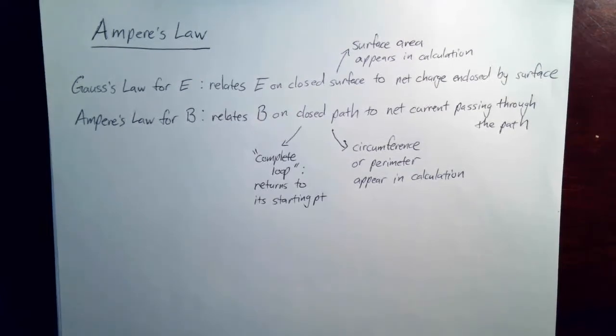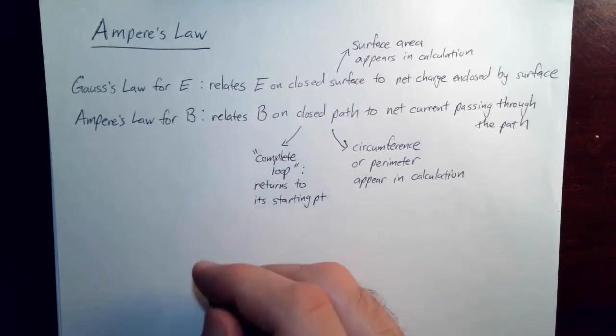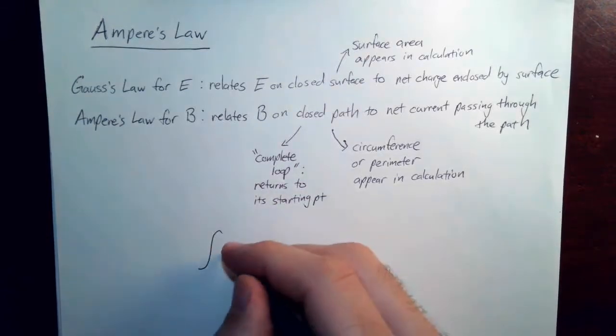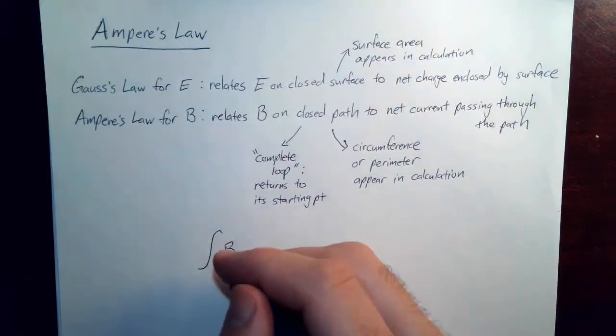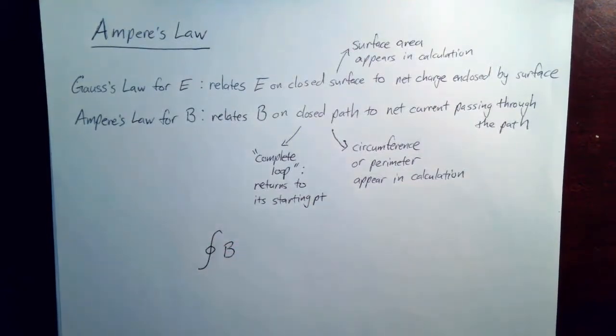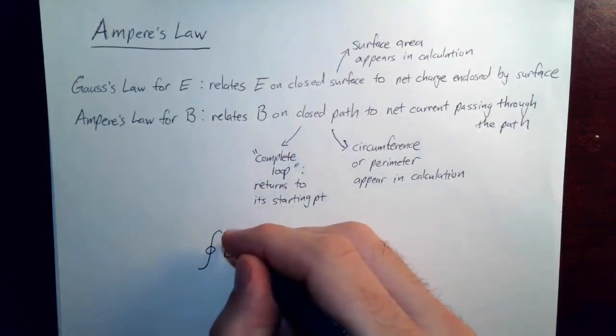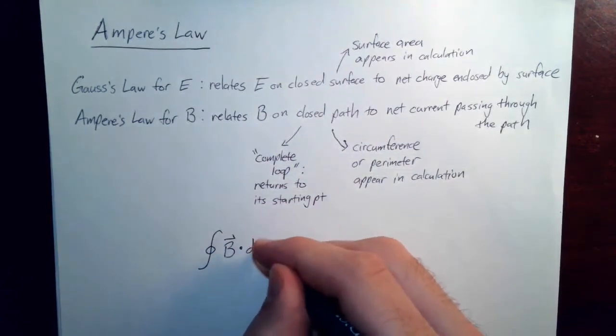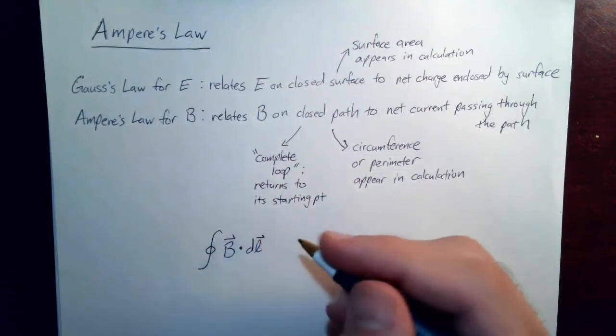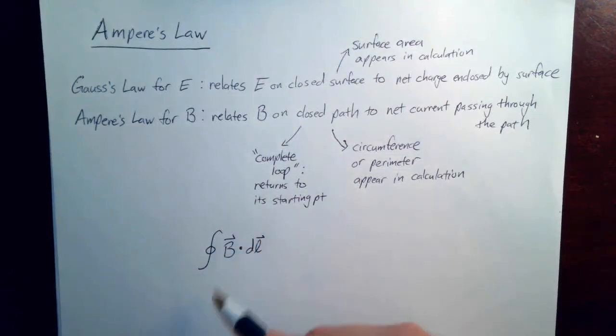Okay, so now I'm just going to write down Ampere's law. So what does it look like? So we're taking an integral, this time of the magnetic field instead of the electric field, and we're taking that integral over a closed path instead of over a closed surface. And that path is going to be parameterized by little vectors dl that point along the path in the direction that we're traversing the path.